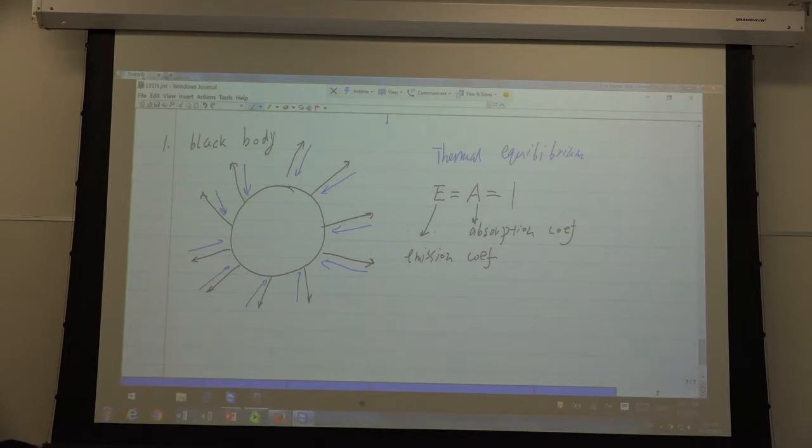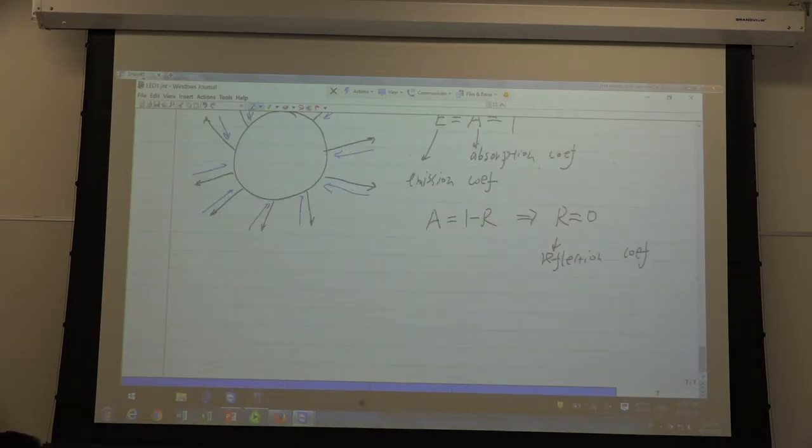Everyone knows the absorption coefficient equals 1 minus R. Then R goes to 0, so the reflection coefficient equals 0 for a black body. Another body is called a white body.